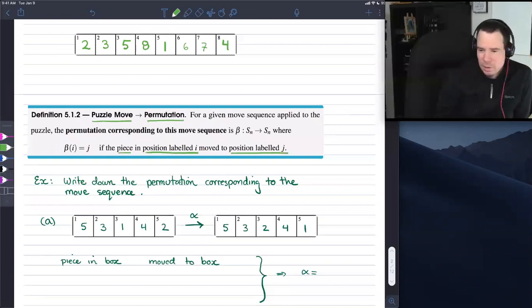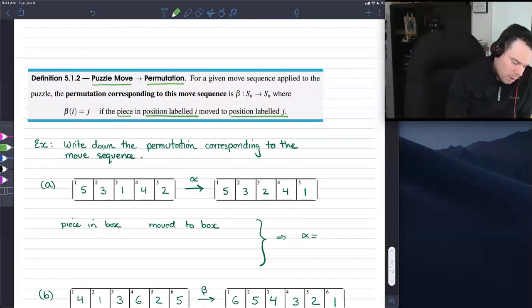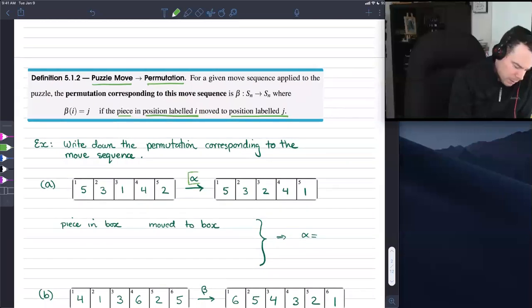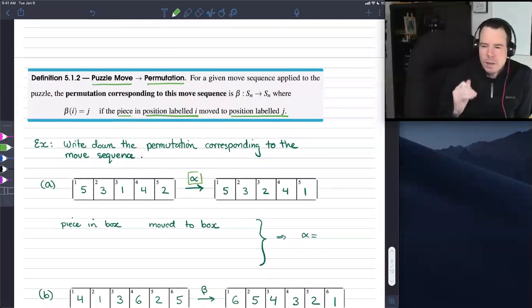So here's an example. I've got the puzzle pieces in the positions 5, 3, 1, 4, 2. And then after I do alpha, they are now in the positions 5, 3, 2, 4, 1. To describe alpha, this is what I want to describe now, is what was the move that was done?